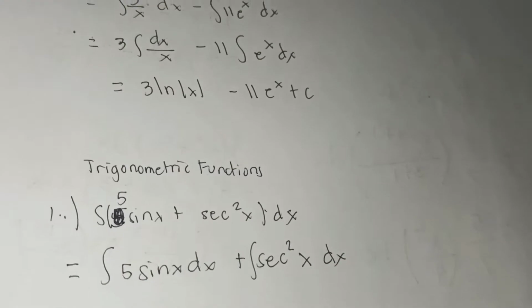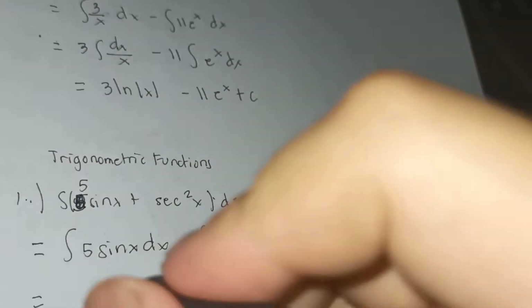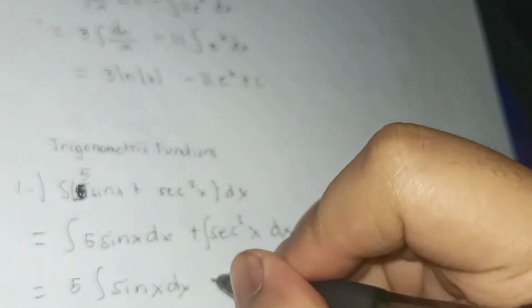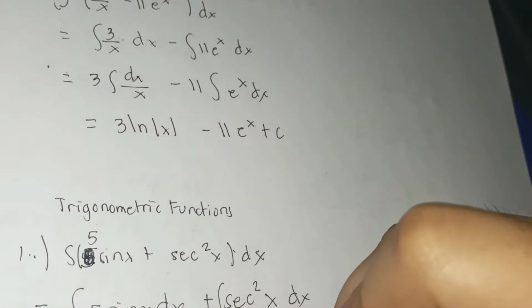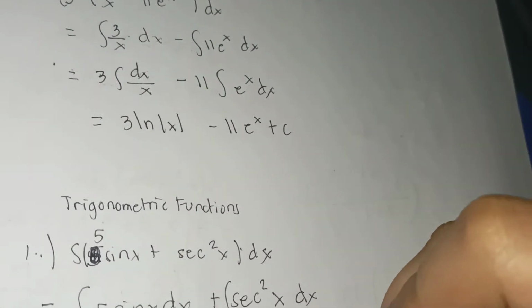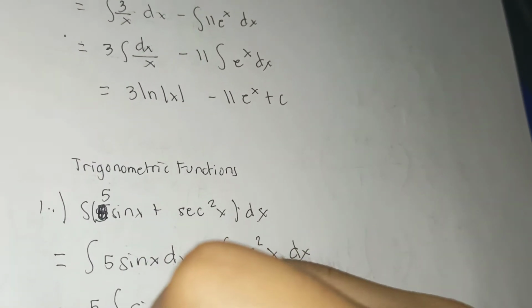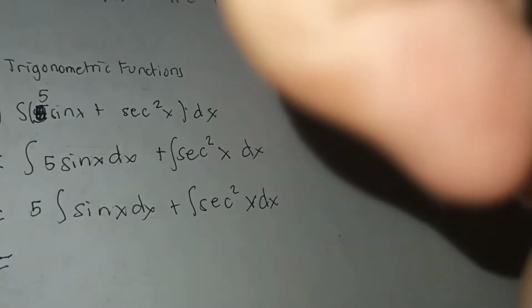After that we will use a constant multiple rule. We have to take out 5 first, isolate it here, then sine x dx plus integral of secant squared x dx. It will now integrate the sine, so the integral of sine x dx is equal to negative cosine.